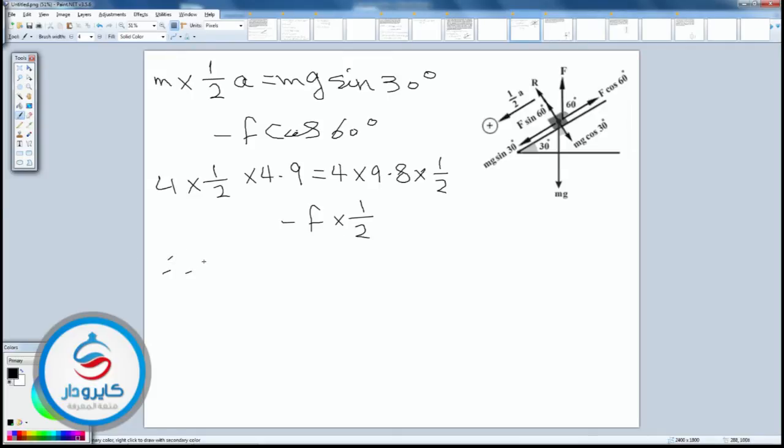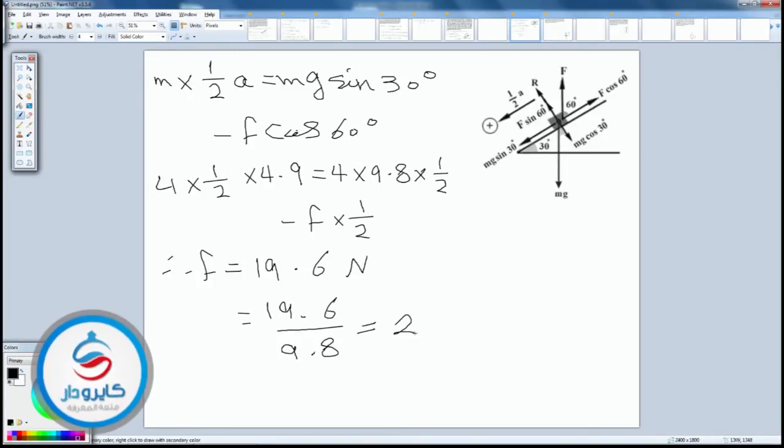Therefore f equals 19.6 newtons, equal 19.6 over 9.8 equals 2 kilogram weight.